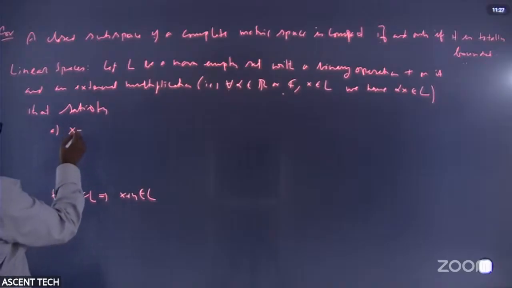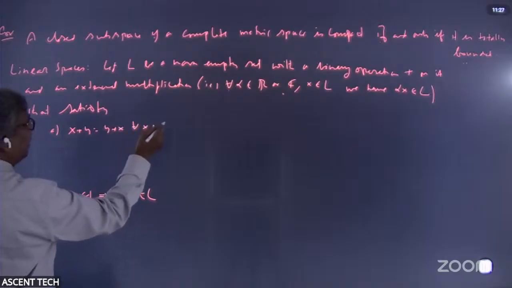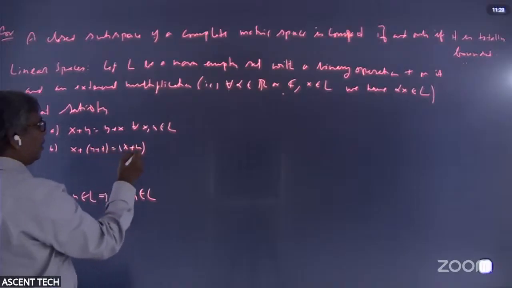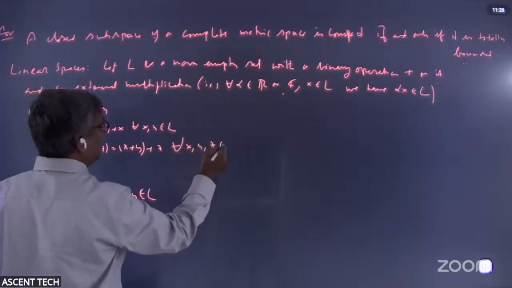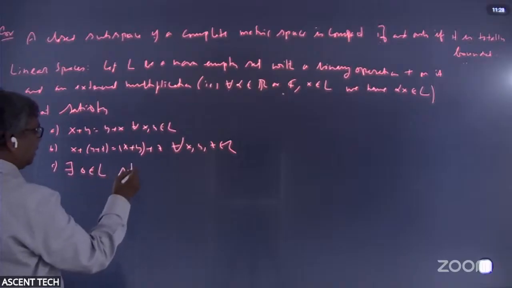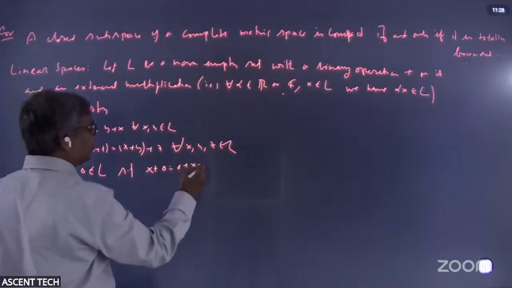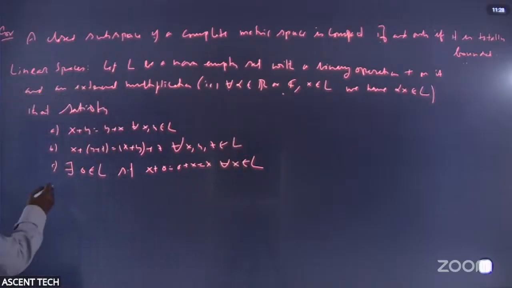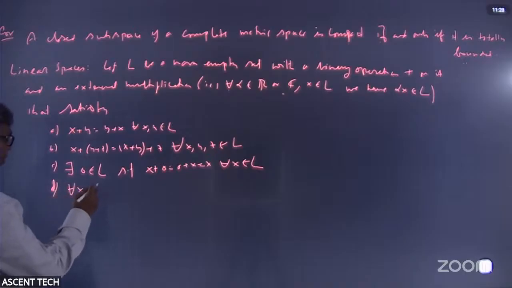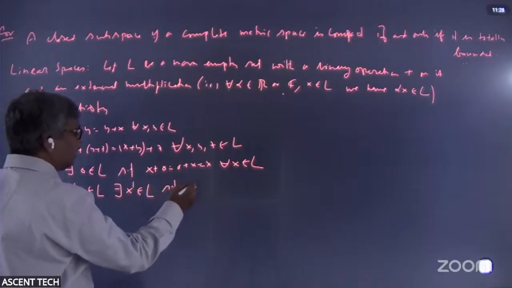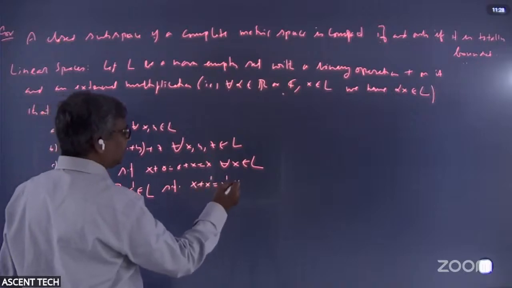This should be commutative: x plus y equals y plus x for all x and y in L. There is an associative law: x plus y plus z is equal to x plus y plus z, grouped either way, for all x, y, and z in L. Existence of additive identity: there exists a special element 0 in L such that x plus 0 equals 0 plus x equals x for all x in L. Additive inverse: for each x in L, there is another element, I can call it x dashed, in L, such that x plus x dashed equals x dashed plus x equals that special 0.